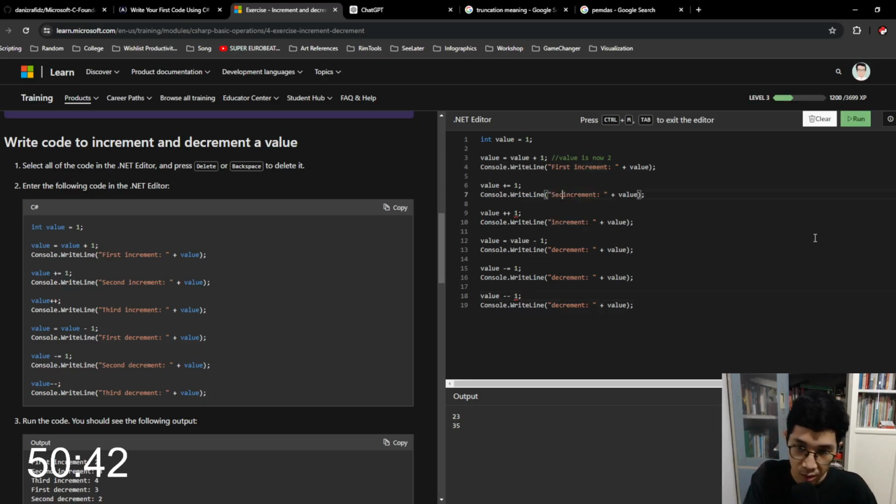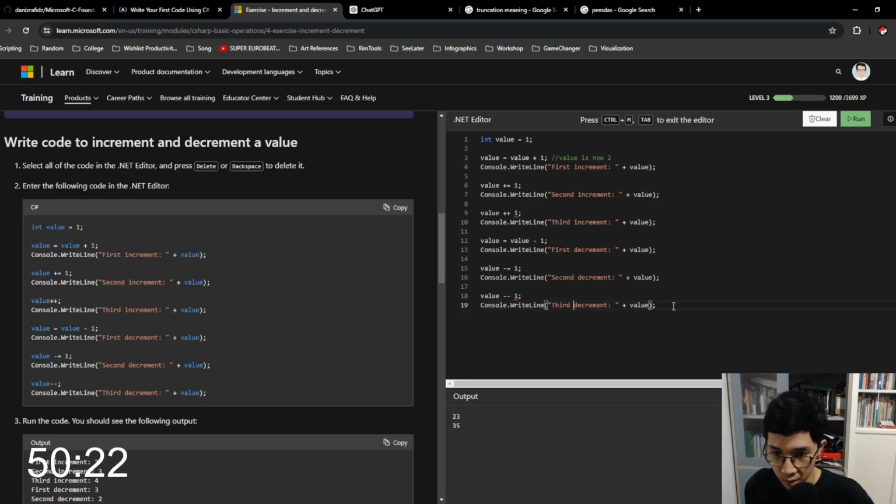Okay, the second increment, this is the third increment. First increment, the second decrement, the third decrement. Don't forget the semicolon on each line, or else it will result in an error.